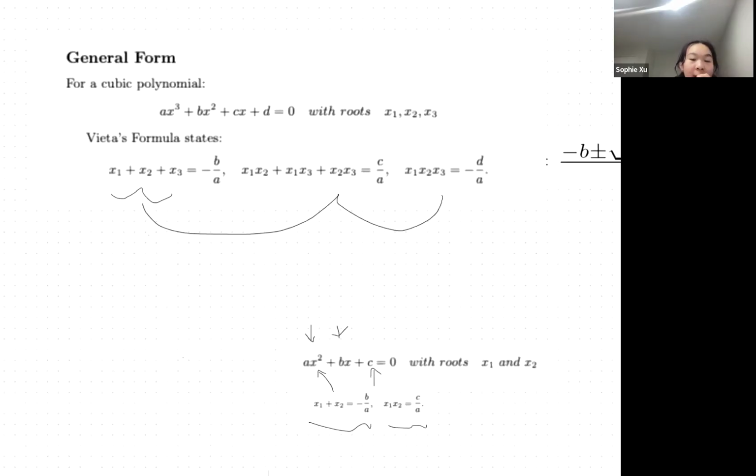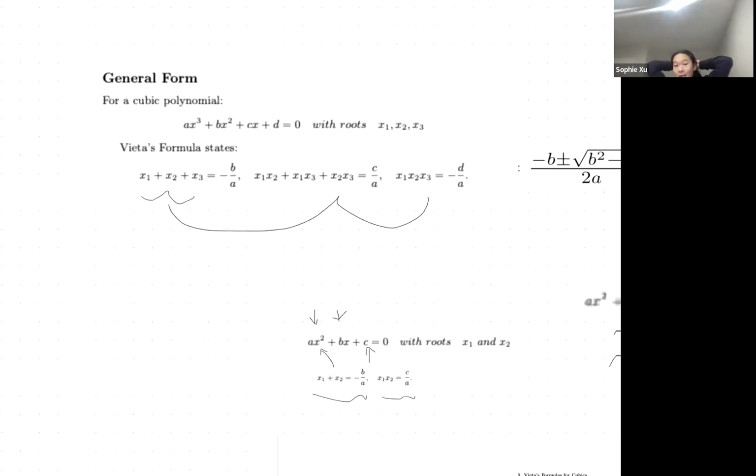So you may ask, if there's Vieta's formula for quadratics and cubics, you can sort of notice a pattern, right? So you might have already concluded there's probably Vieta's formula for quartics and higher powers, right?